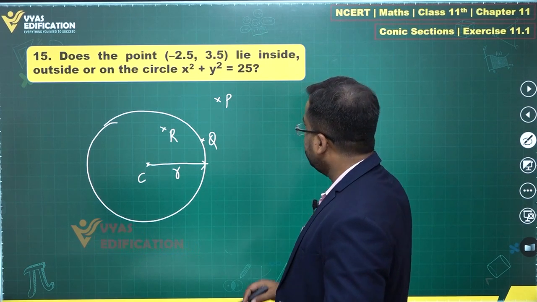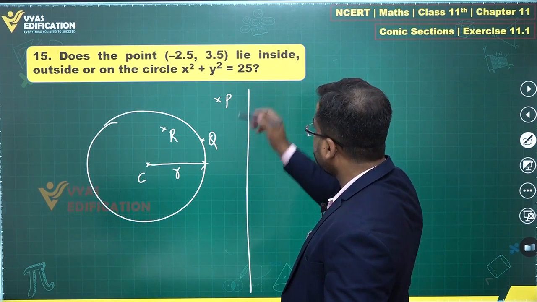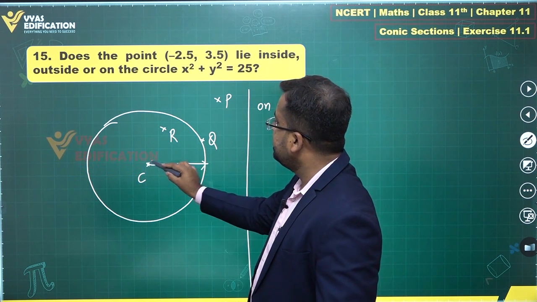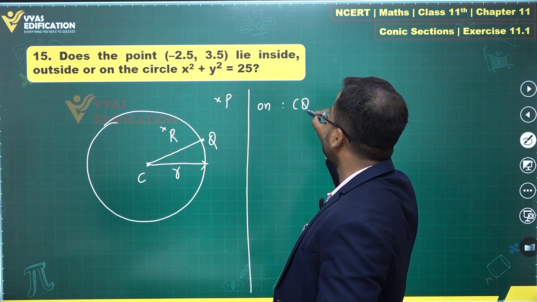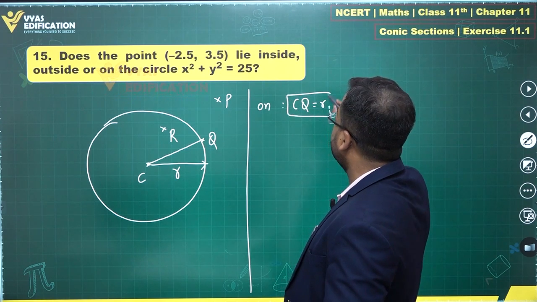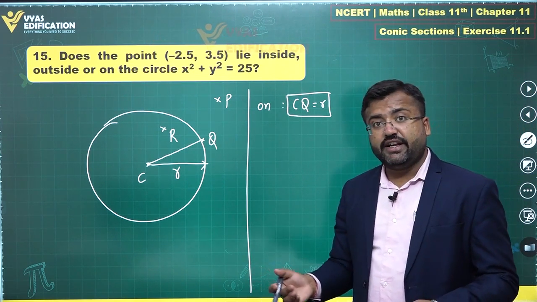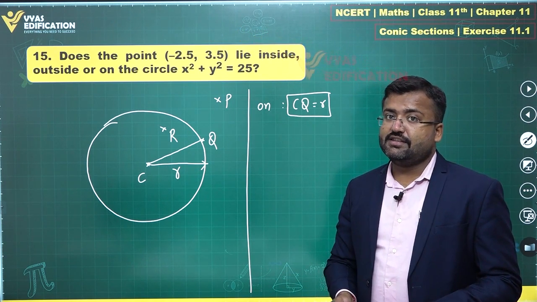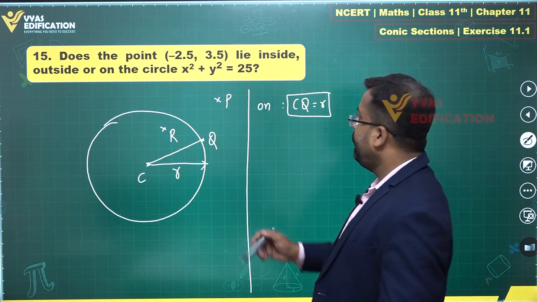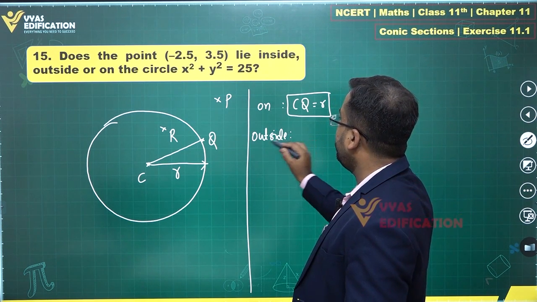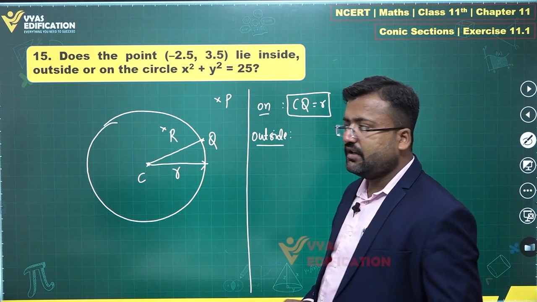If you observe, for a point on the circle, the distance CQ is simply equal to the radius. Yes, for a point on the circle, the distance from the center will be equal to the radius. This is very simple, right? So what happens in case the point is outside? For a point which is outside the circle, how do we check?